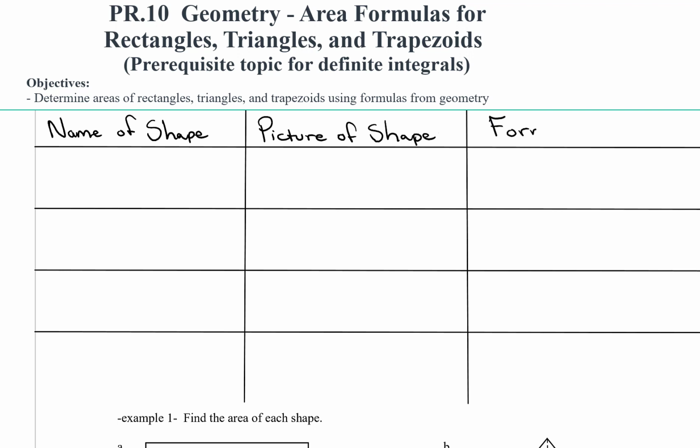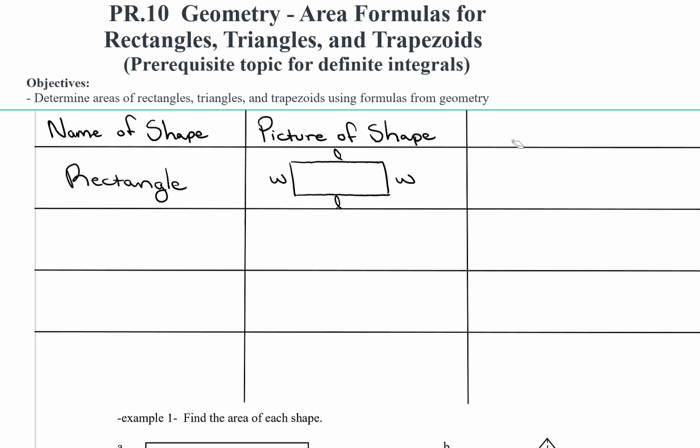Going back to the first column, I'm going to go down to the second row and write the word rectangle. Next to rectangle, to the right, underneath where it says picture of shape, I'm going to draw a rectangle. The 2 shorter sides I'm going to label with a W, and the 2 longer sides are going to be labeled with an L. The formula for the area of a rectangle is the area is equal to the length times width.